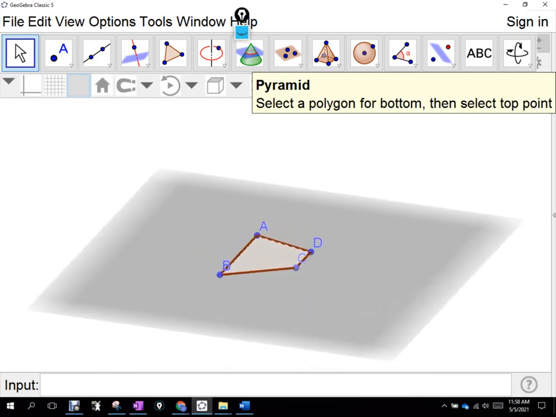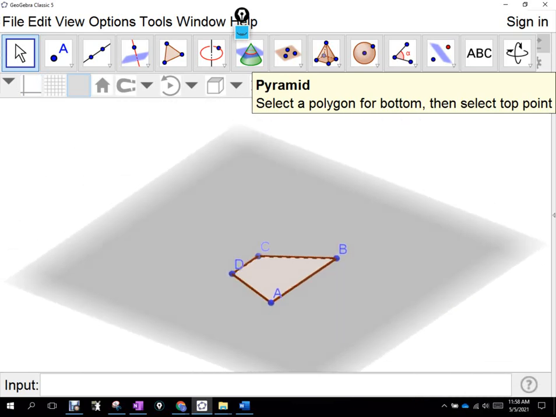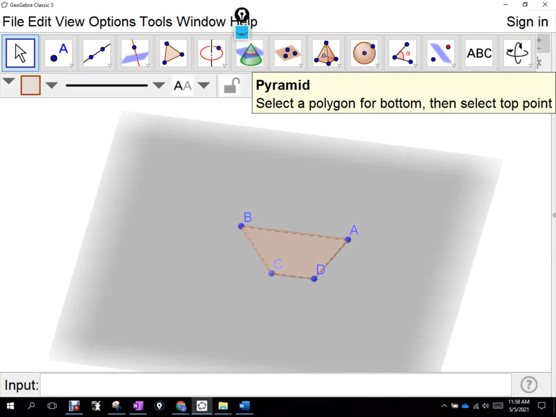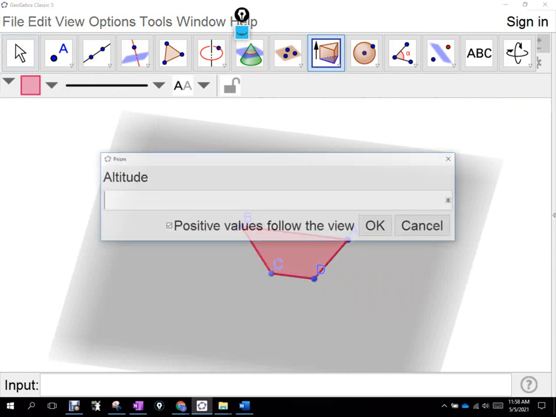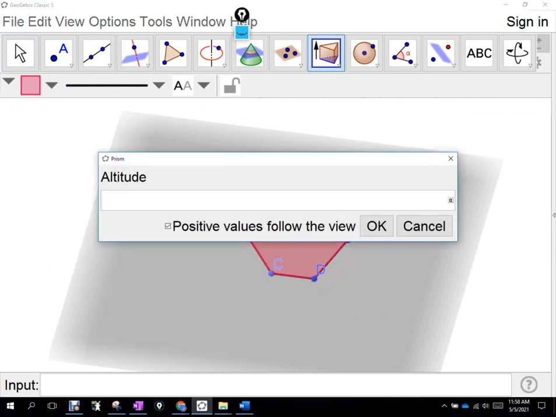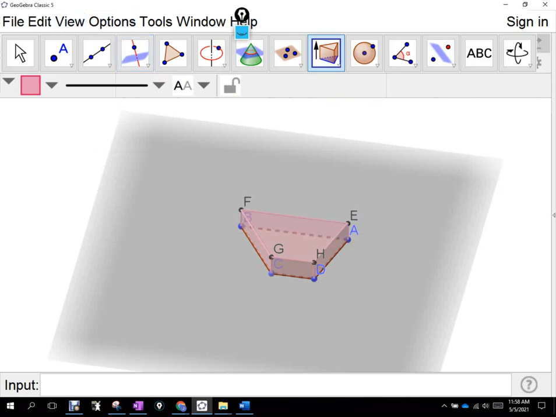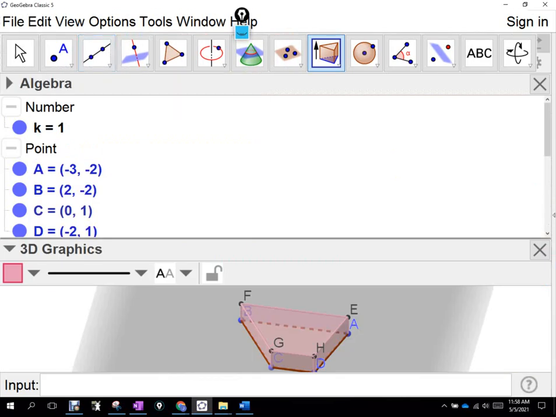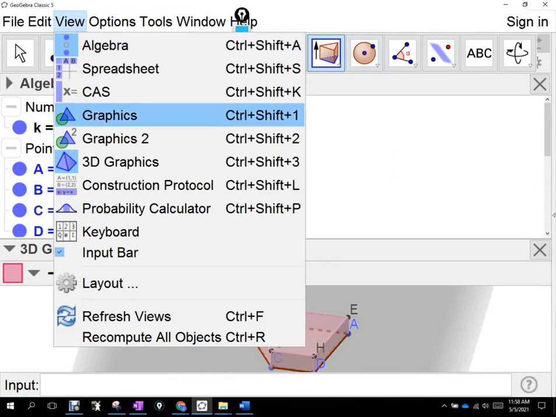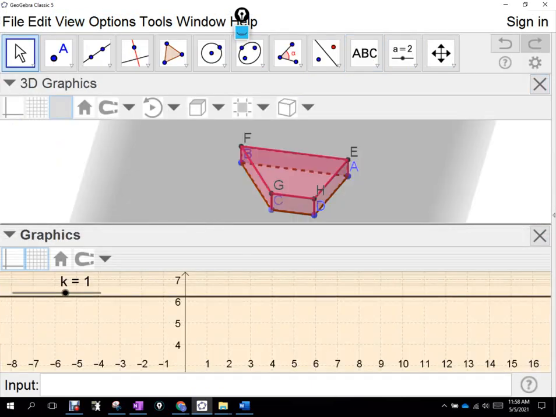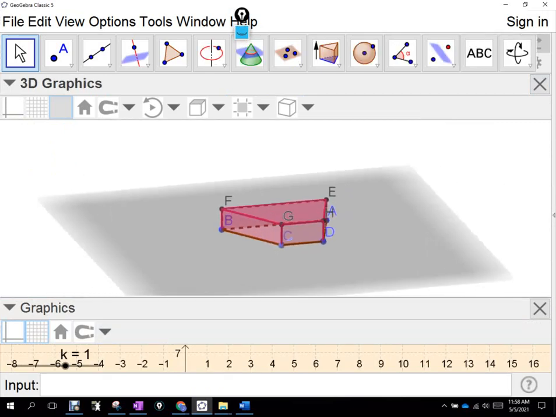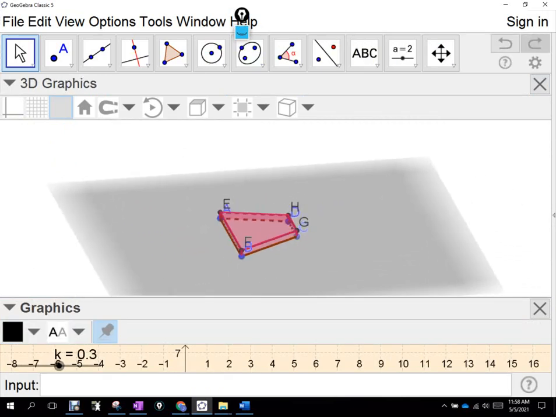Okay. If I take that shape, actually probably K would be best. Okay, so I've got my shape here that I'm going to make this K value 0.